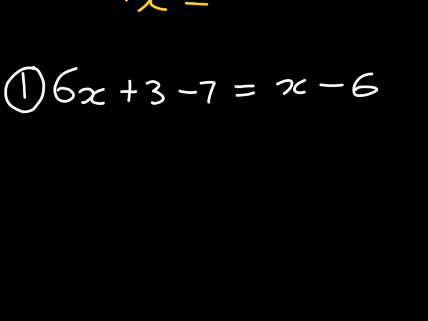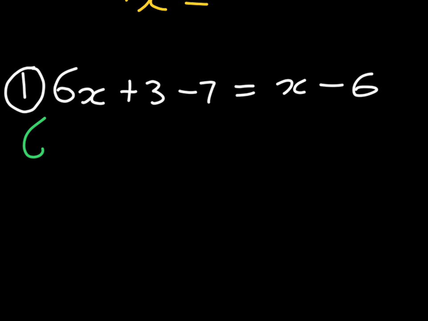With that in mind, let's have a look at our constant terms. So we have plus 3 as a constant, minus 7 is a constant, and minus 6. And we already see that minus 6 is already on the right-hand side. That means we just need to move the positive 3 and the negative 7. However, since we already have 2 constants on the same side, we can make things a little bit easier for ourselves by letting these 2 constants add.